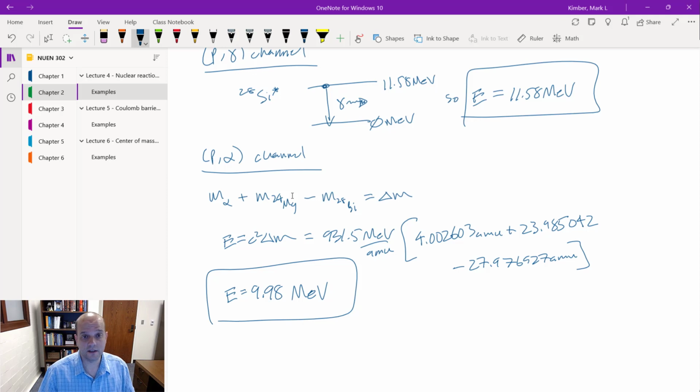And the answer to that is yes, it is, because I have 11.58 MeV to work with. That's what happened between the reactant side and then my excited nucleus for silicon-28. If I started with silicon-28 and asked what it takes to separate these, it's only 9.98. Well, I'm starting with 11.58, so this is a possible exit channel.